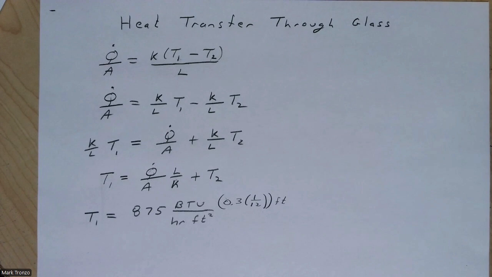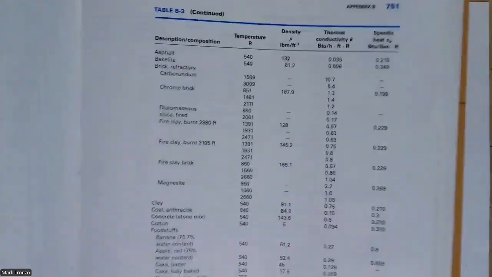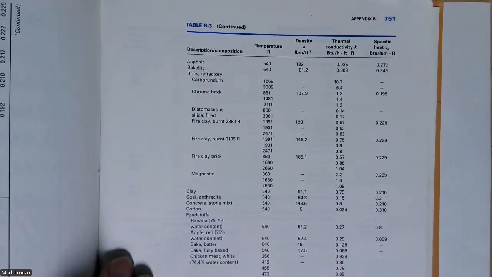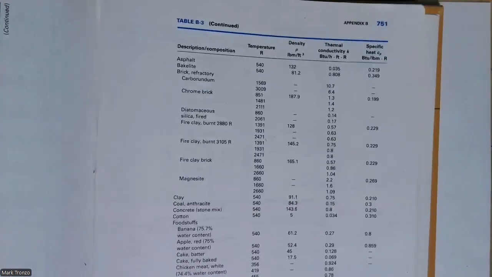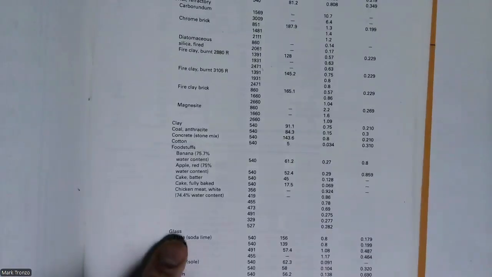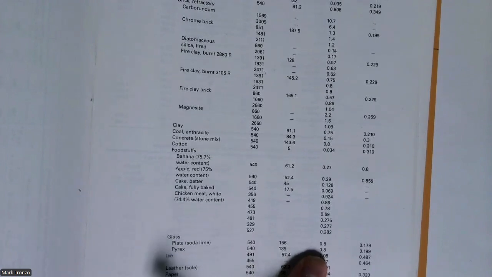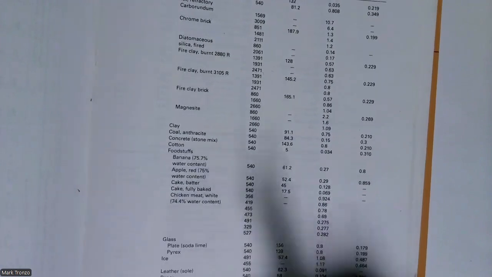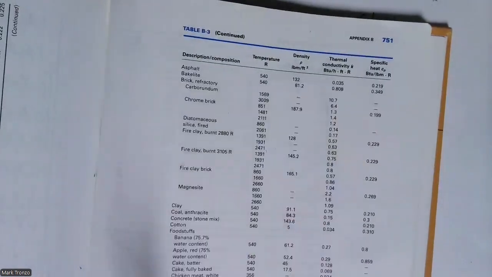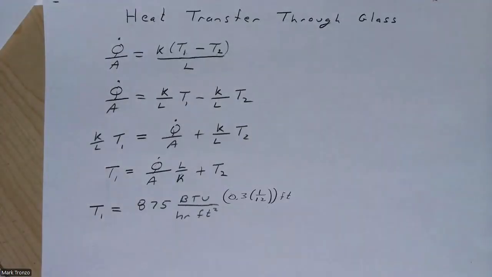And our K value would be the K value for glass. In my book, it's in chart B3. If we look down B3 under glass, it's 0.8 BTU per hour foot Rankine.